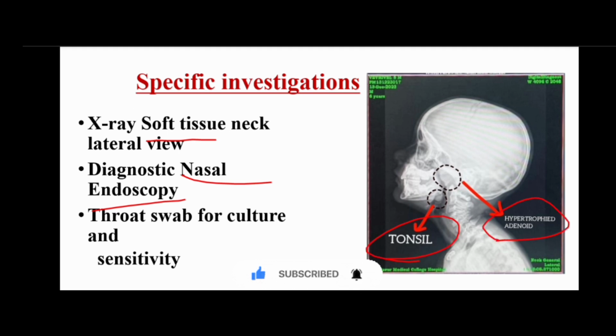Then diagnostic nasal endoscopy has to be done to find the enlargement of the adenoids, and get a throat swab for culture and sensitivity. If we find which bacteria has caused it, then only can we give the specific drug for that bacteria, so we can easily cure that patient.